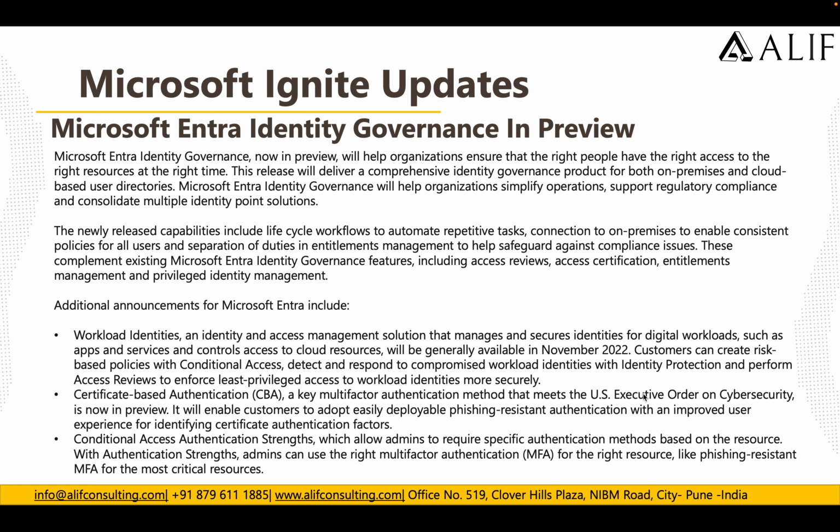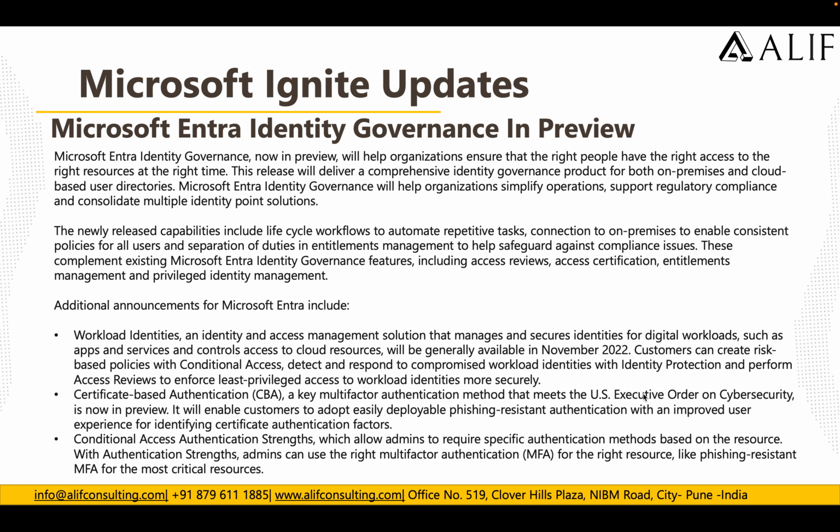Certificate-based authentication, also known as CBA, a key multi-factor authentication method that meets the US executive order on cybersecurity, is now in preview. This will enable customers to adopt easily deployable, phishing-resistant authentication with an improved user experience for identifying the certificate authentication factor.